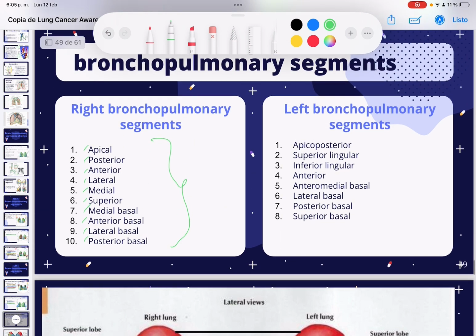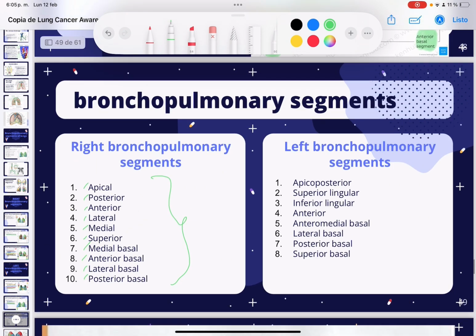And in the left bronchopulmonary segments, we have AS, ALPS. Apicoposterior, superior lingular, inferior lingular, anterior, anteromedial basal, lateral basal, posterior basal, superior basal.